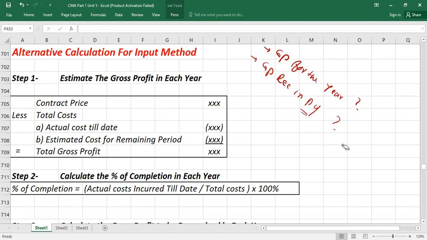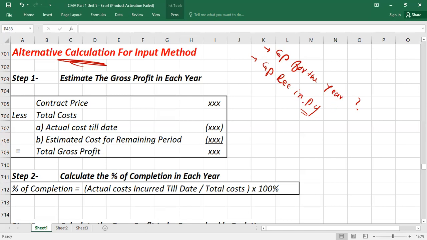In that scenario, if these two pieces of information are given, what is he asking? Gross profit for the year. And he has given you gross profit recognized in the previous year. Then I would suggest you follow this way, which is called the alternative calculation to the input method. If he's asking about revenue and cost of goods sold, I will suggest you use the first way.